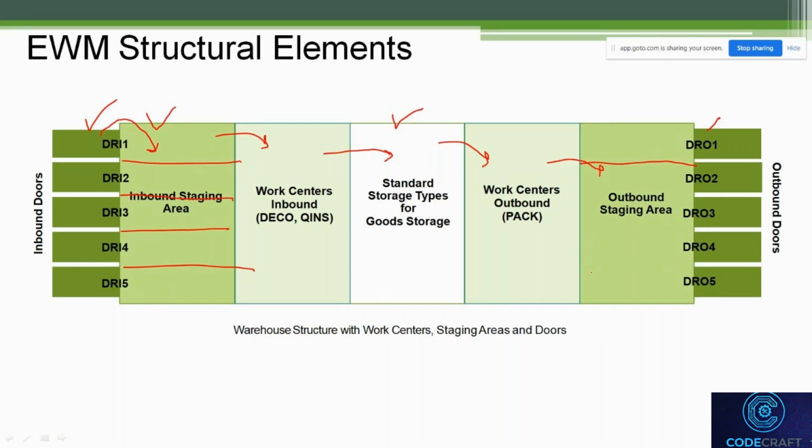Or the operators will move and cross each other's flow, cross each other in their movements. So basically, the system should know which door the truck is going to come to, and accordingly the system will drop the material into a staging area bin closer to the door. So we'll have several bins here, and we'll stage the material into that location closer to that door. So that is the staging area.